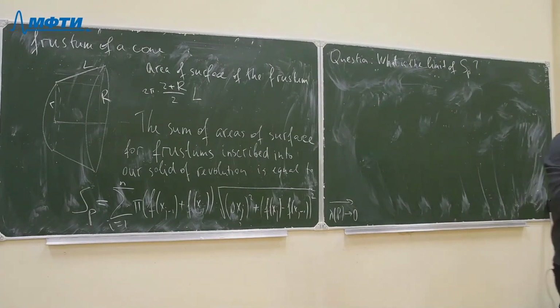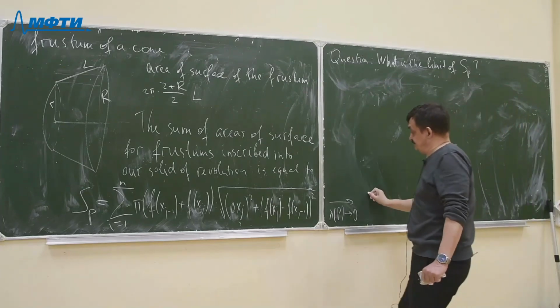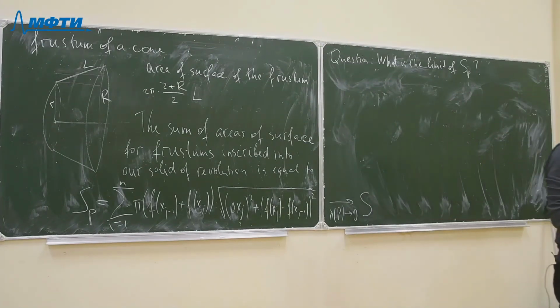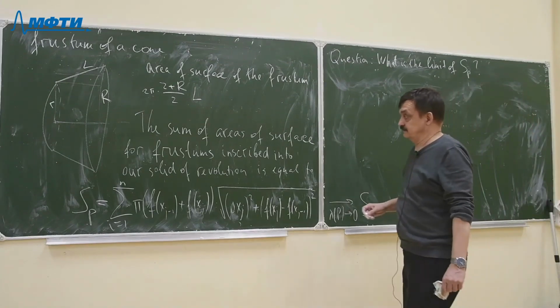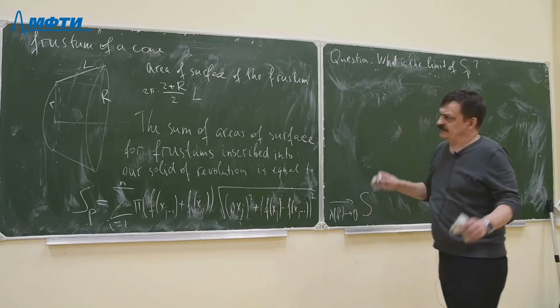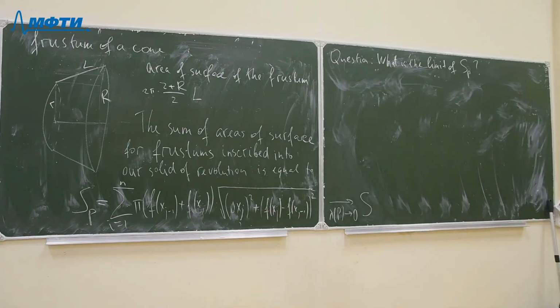And why are we interested in it? Because we will accept it as the area of the surface of the solid of revolution. So I think I'll finish with the definition.